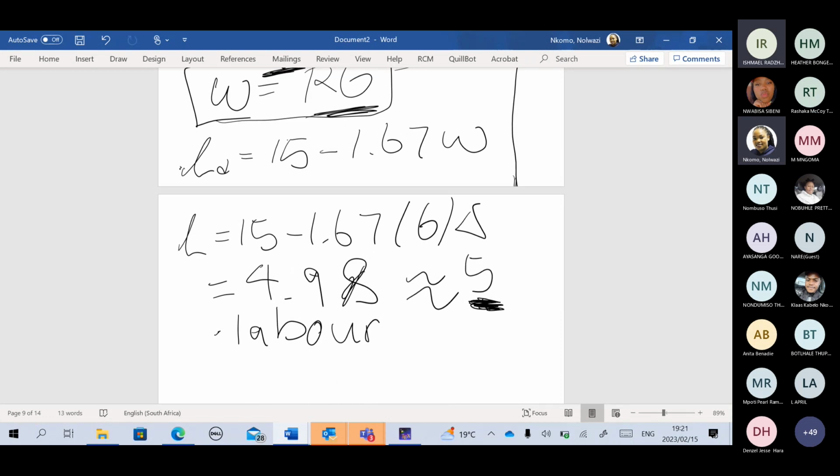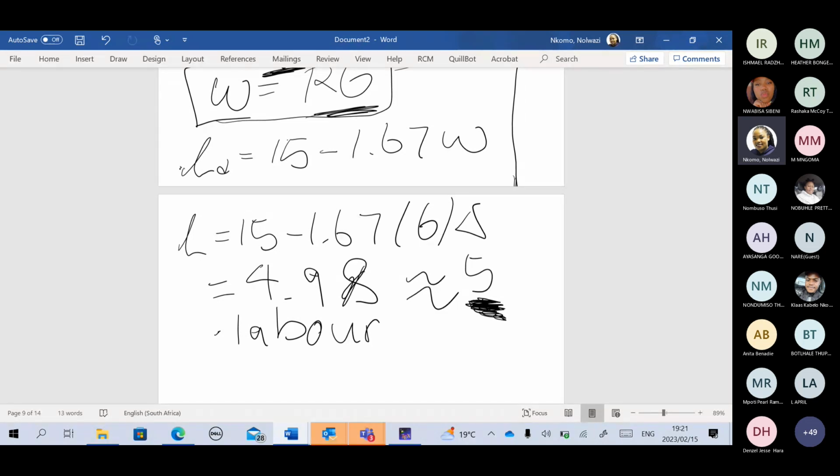After they said the wages should be 6 rand, we need to find the number of workers we can hire, and we said we can hire 5 workers. But you can also find the number of workers that will be willing to work at that salary, which is 6 rand per hour.